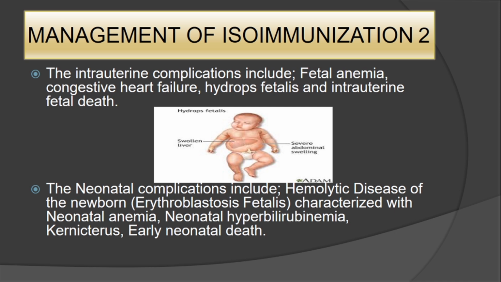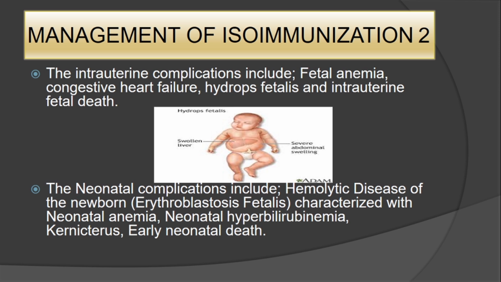Now, what are these intrauterine complications that we are trying to avoid? We want to quickly ensure that the fetus is optimized and delivered in a very safe and healthy condition. One is fetal anemia, which I've mentioned before.